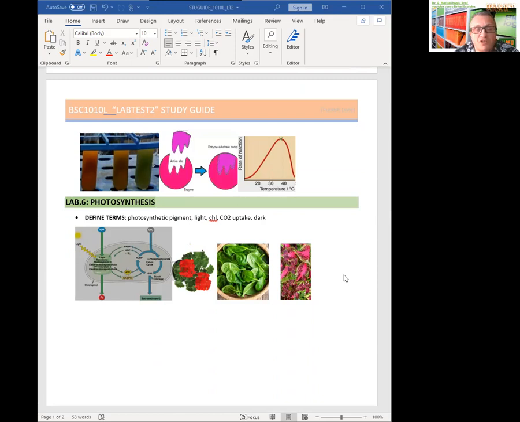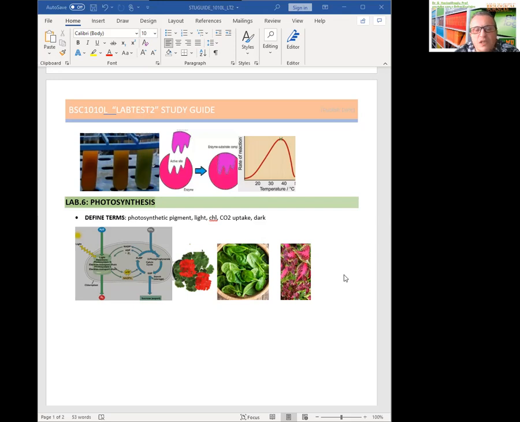Remember our reaction: we must have CO2, light, chlorophyll, and water, and then our products are oxygen and sugar. This takes place in plants.